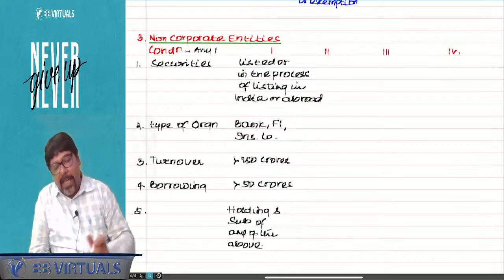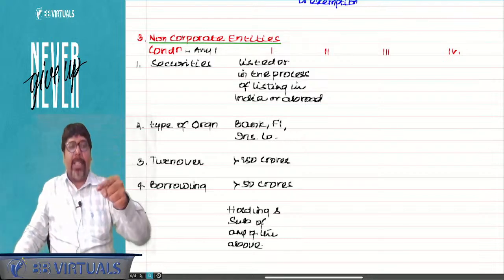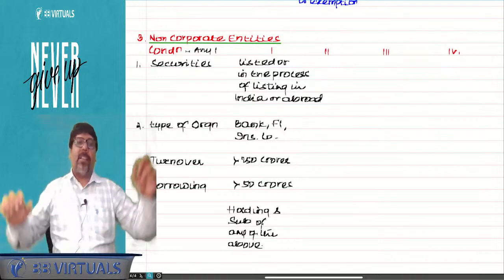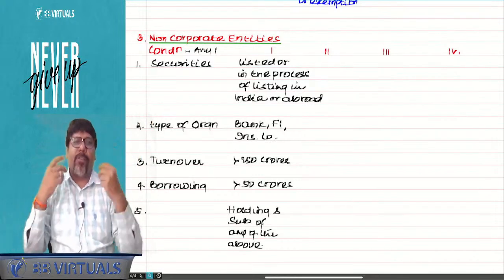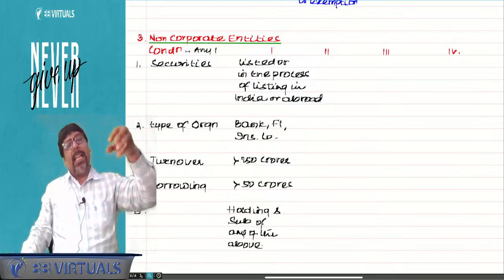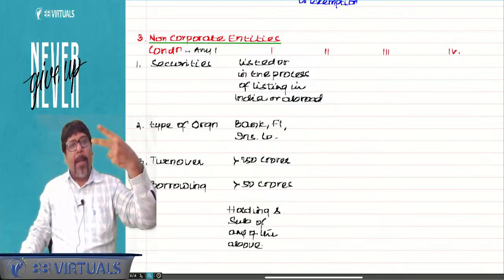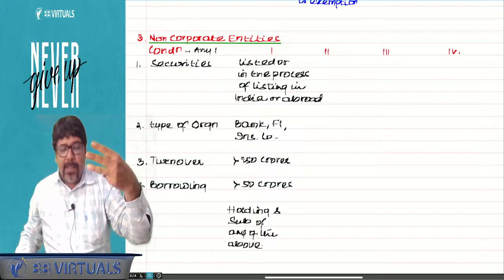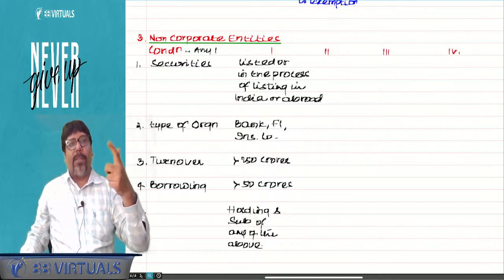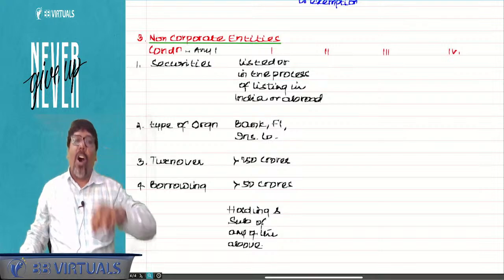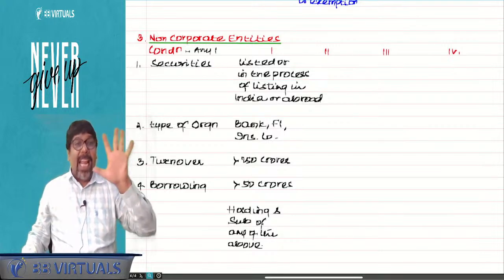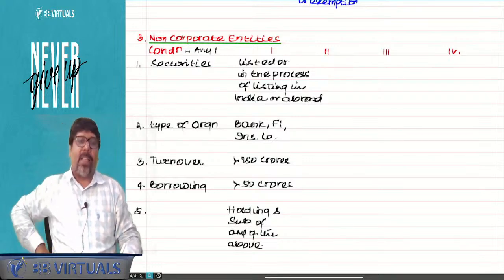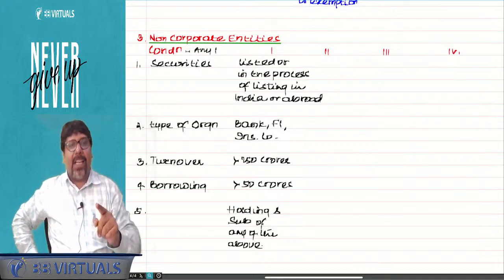Now chartered. So if any company is a listed company, or it is a bank, financial institution, or insurance company, for them you don't have to check anything. They are large only. So either the securities are listed or in the process of listing, or bank, financial institutions, and insurance. Wonderful. Thereafter chartered, number 3, turnover should be more than 250 crores. Borrowing should be more than 50 crores, or holding and subsidiary of the above. Any one of the conditions is fulfilled, chartered, then it is a level 1 entity.